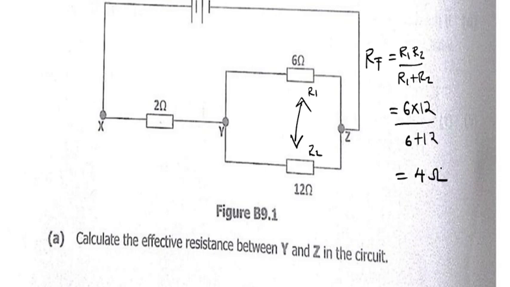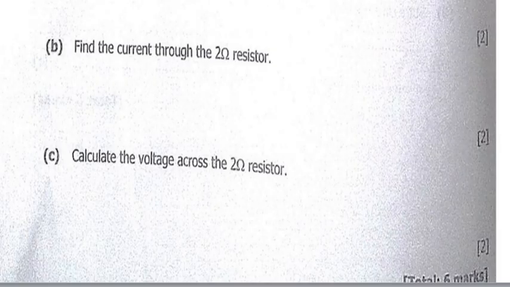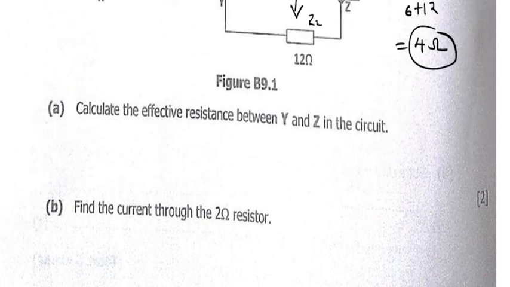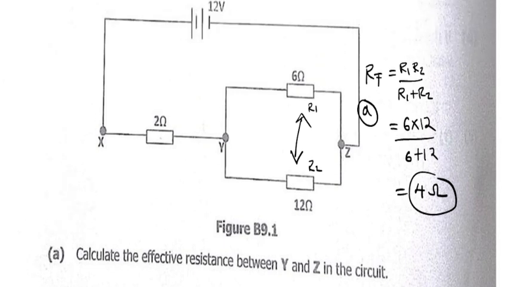Going to find 4 ohms as your resistance between Y and Z. So this is my answer for question A. Then I proceed, I look at B, find the current through the 2 ohms resistor. So the current through the 2 ohms resistor.